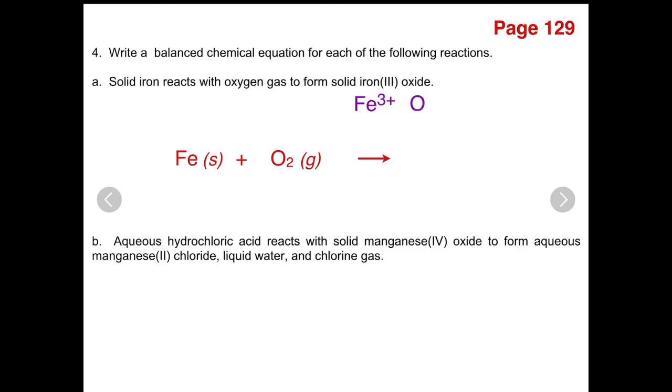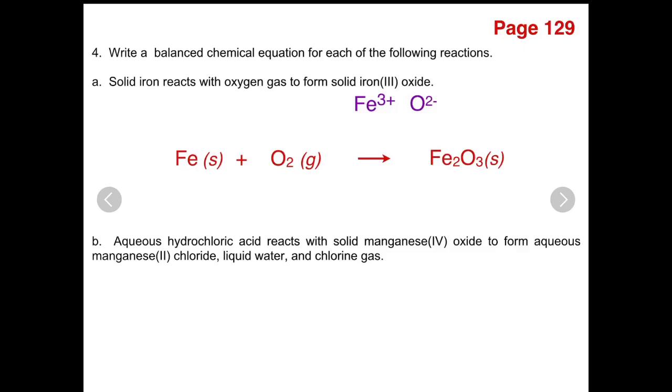Oxygen is in group 6A or group 16, so the charge of oxygen would be 2 minus. To write the proper chemical formula of an ionic compound, the charges need to be balanced. So in this case, you will need 2 of the iron per 3 of the oxygen. And of course, this is a solid, so you need to specify the state as well.